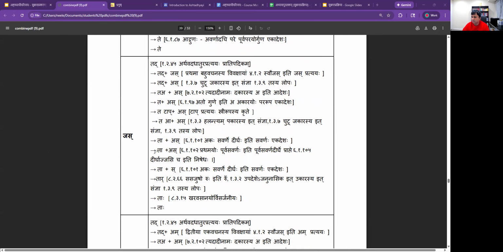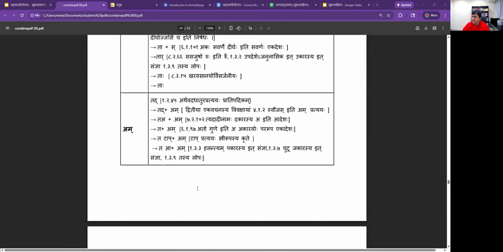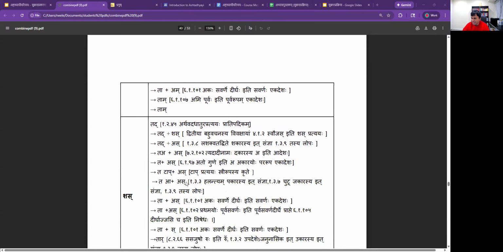So for ta plus as, here also we have दीर्घाज प्रथमयोः पूर्वसवर्ण दीर्घ अस्ति किन्तु निषेधः अस्ति दीर्घाजसि इत्यनेन. तर्हि तत्र ता स इति एव अकसवर्णे दीर्घः भवति. ता स पुनः ऋत्वविसर्गं भवति ताः इति. Very good. सा ते ताः ताम ते ताः.